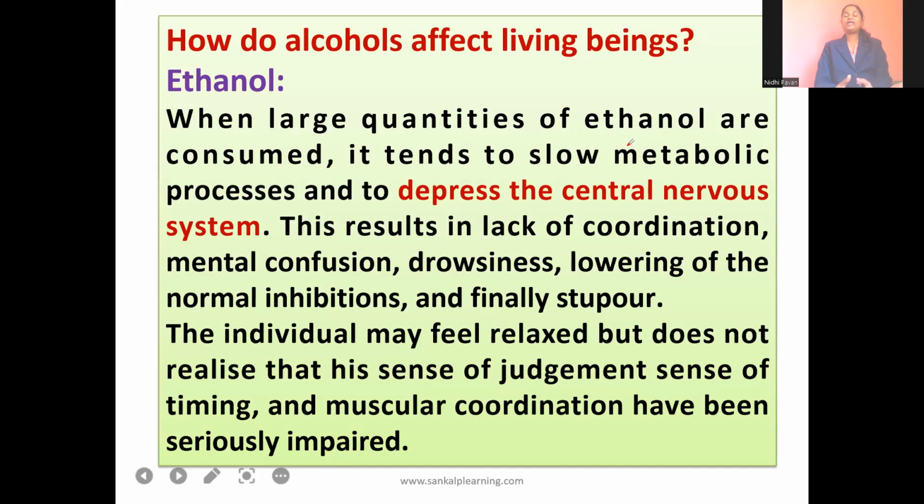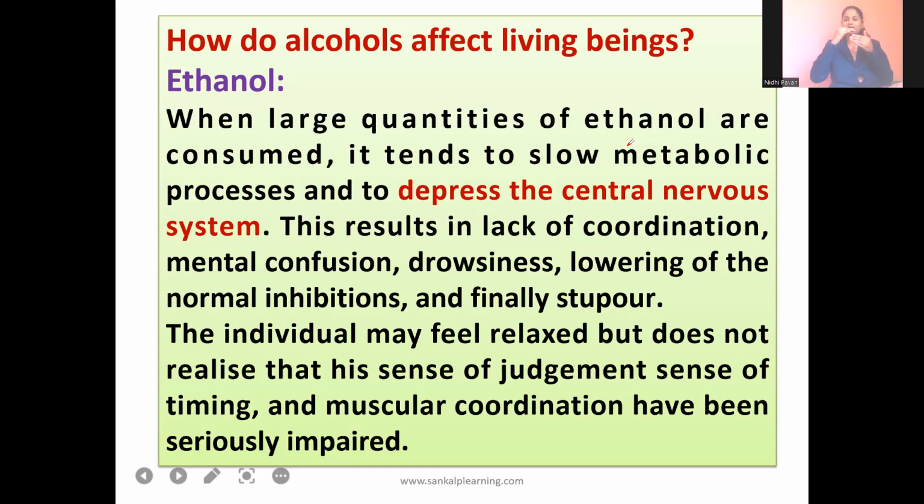Then how do ethanol or alcohol affect living beings? As you know, over-consumption of alcohol is injurious to health. Why? When a large quantity of ethanol is consumed, it tends to slow metabolism processes. Metabolism processes means the chemical reactions taking place inside our body will get slow, and it depresses the central nervous system.